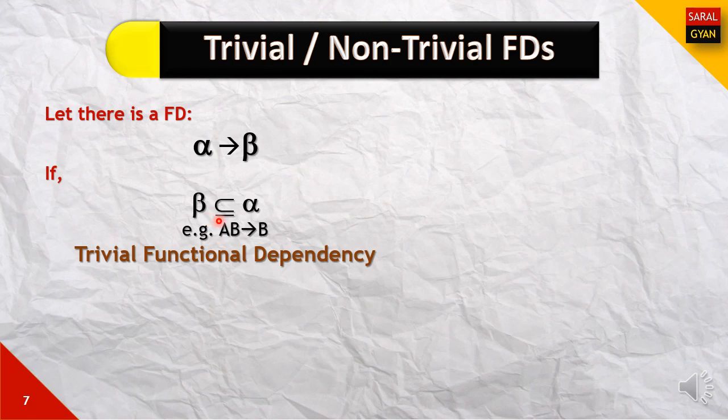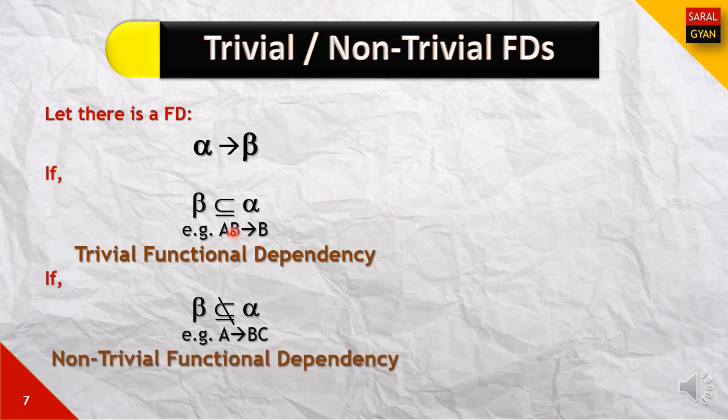So if I know the values of attributes A and B, then I can identify the value of B. Obviously one can identify it because B is already available at the alpha side. If beta is not a subset of alpha, meaning there are some attributes at the beta side which are not available on the alpha side, in that case we can say this functional dependency is non-trivial in nature.